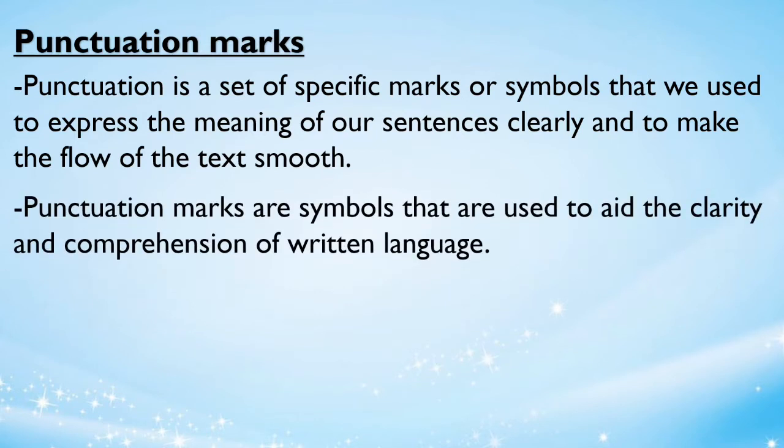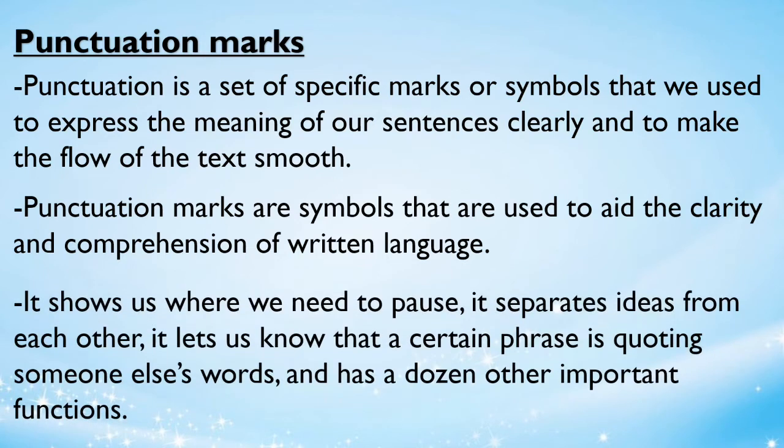Punctuation marks are symbols that are used to aid the clarity and comprehension of written language. They show us where we need to pause, separate ideas from each other, and let us know that a certain phrase is quoting someone else's words, and have a dozen other important functions.